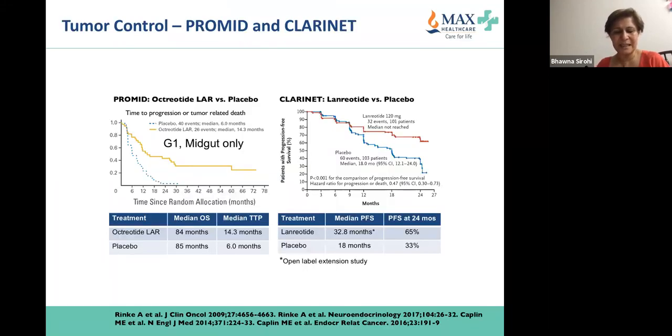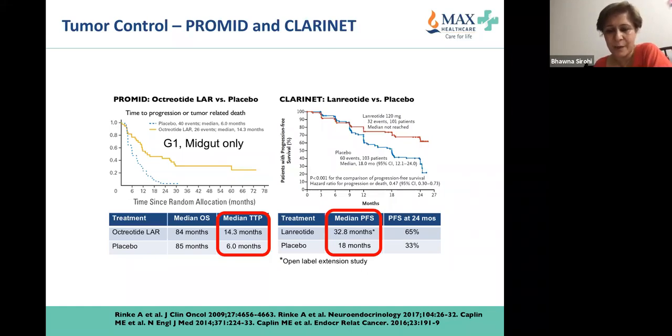As you can see in this slide, this is a comparison of PROMID and CLARINET, both of them showing a significant increase in time to tumor progression or progression-free survival with the use of this. It's about 14.3 months versus 6 months, but the endpoint and the way that is measured is slightly different in both the studies.